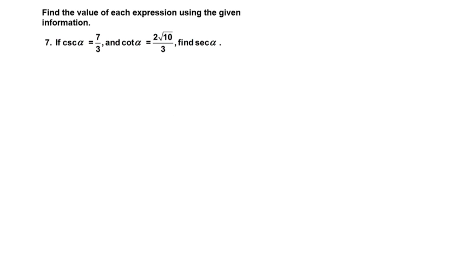First of all, we should remember that cotangent of theta is equal to cosine theta over sine theta. So that's an important identity here for us.